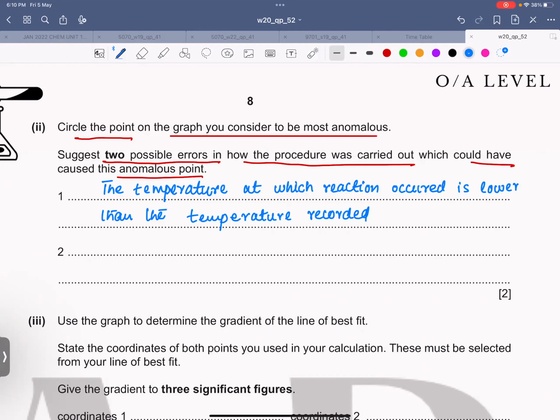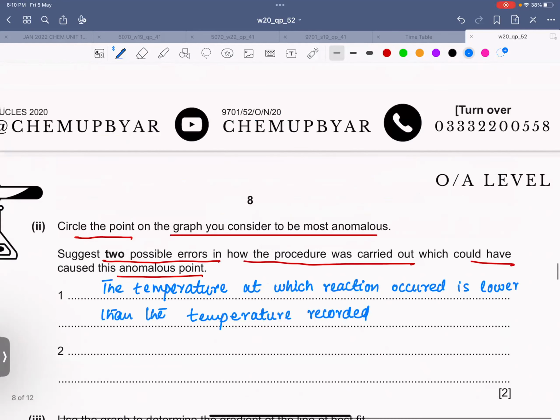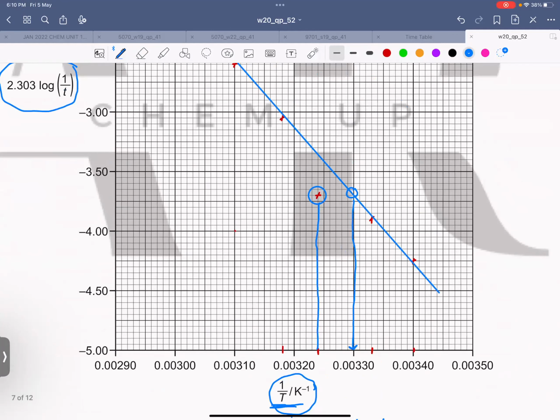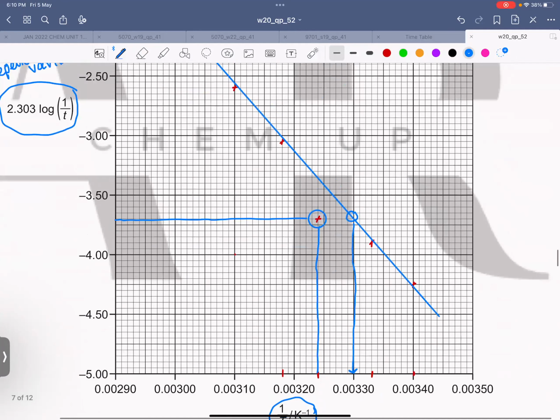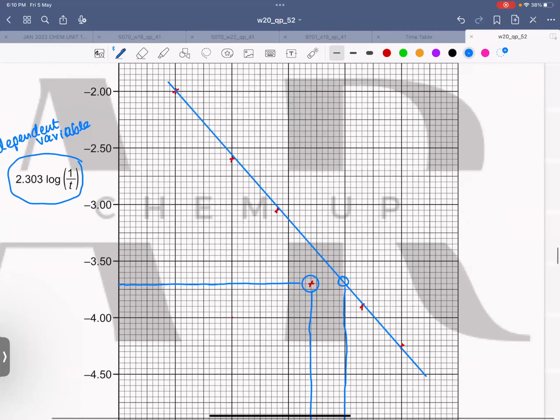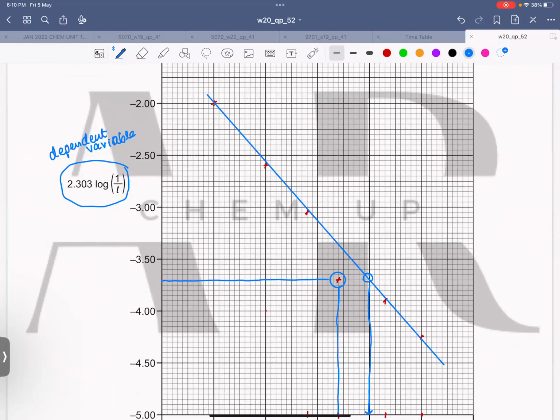Now, the next error can be, if we look at y-axis, it is the log of the reciprocal of the rate, right?